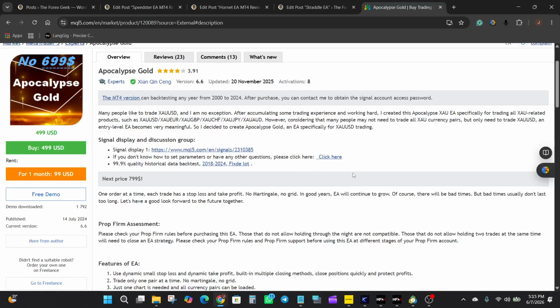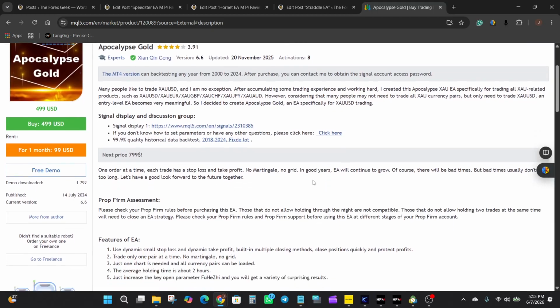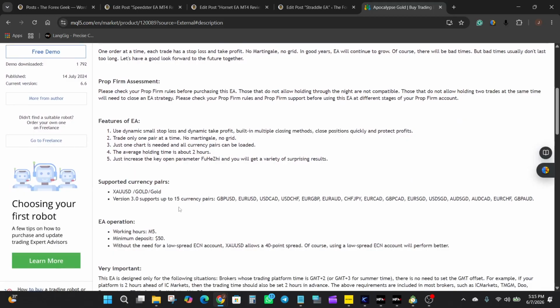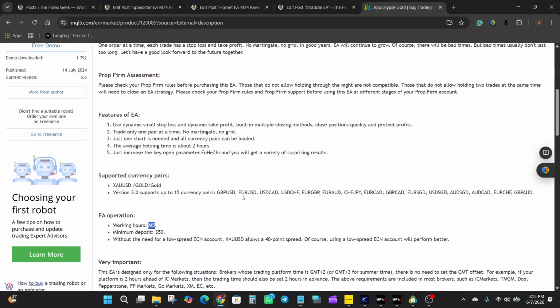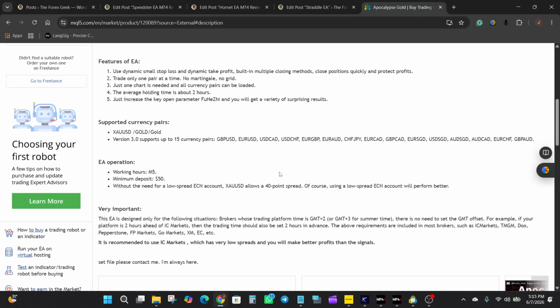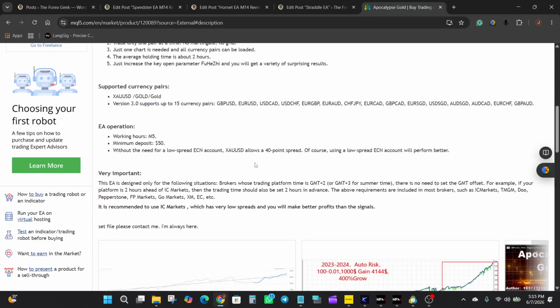Looking at the general setup guidance, it mentions that it works on the M5 time frame, and recommends a minimum deposit of $50. There's also a note about broker selection and spread conditions, suggesting it can run even without ultra tight spreads, although better conditions are preferred.